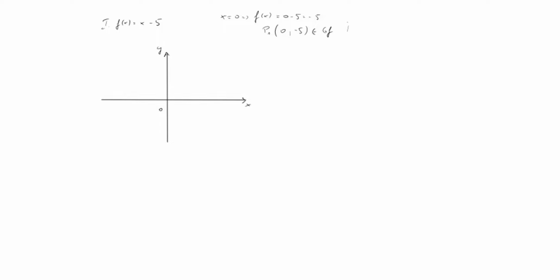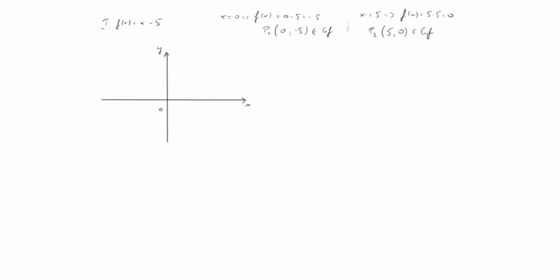Okay, let's see what happens if x equals 5. Then f of x will be 5 minus 5, which is 0. So P2 of coordinates 5 and 0 is part of the graph. Okay, so let's plot this out.